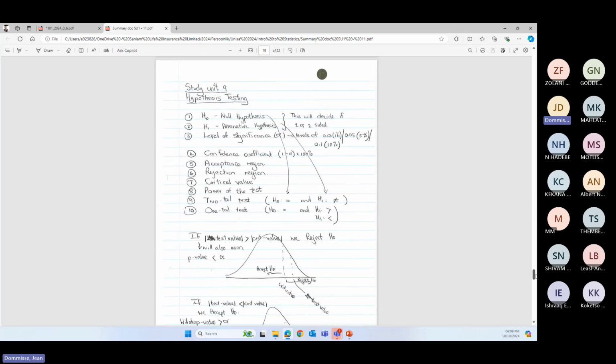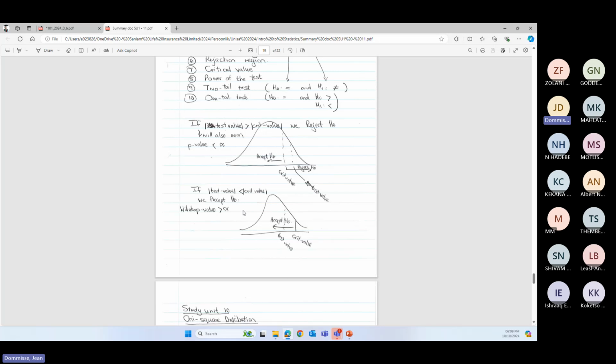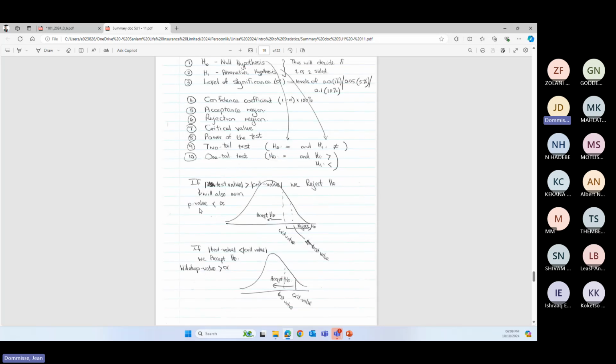It is here, you can see. So basically, if a t value is bigger than the critical value, we reject the null hypothesis. And if we look at it from a p-value point, that's what's happening. And if we do it the other way, the test value is smaller than the critical value, we accept the null hypothesis.